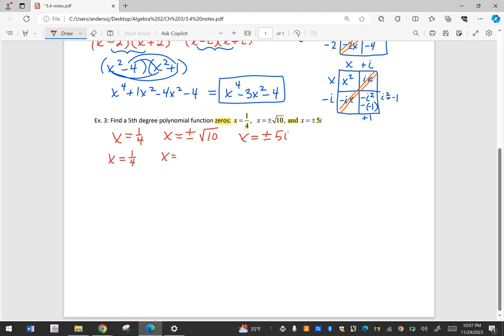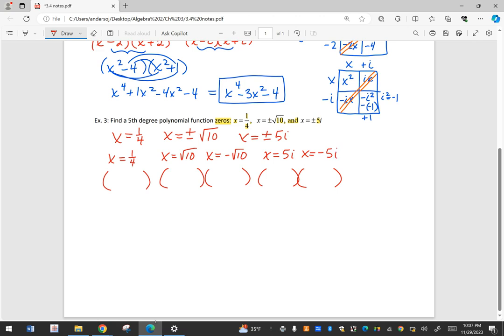We have x equals a positive square root of 10 and x equals a negative square root of 10. We have x equals positive 5i and we have x equals negative 5i. Here are those 5 different solutions that are going to create 5 different sets of parentheses.